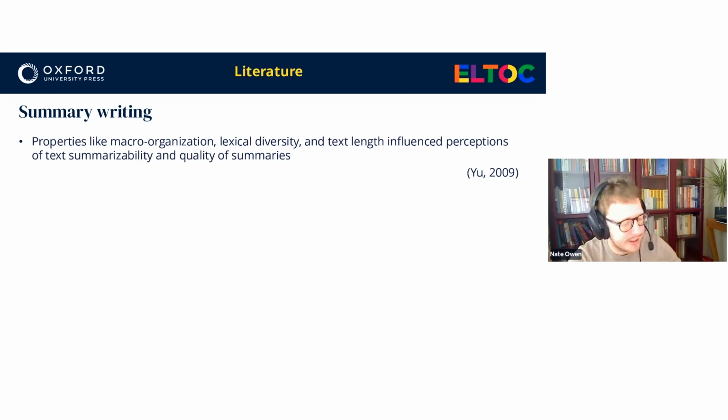Suddenly we're creating a test task which is very dependent on a pre-existing text. And so properties such as the organization of that text, the vocabulary contained within that text, how long that text is. And Gusheng Yu at Bristol University talks about a very interesting concept called text summarizability.